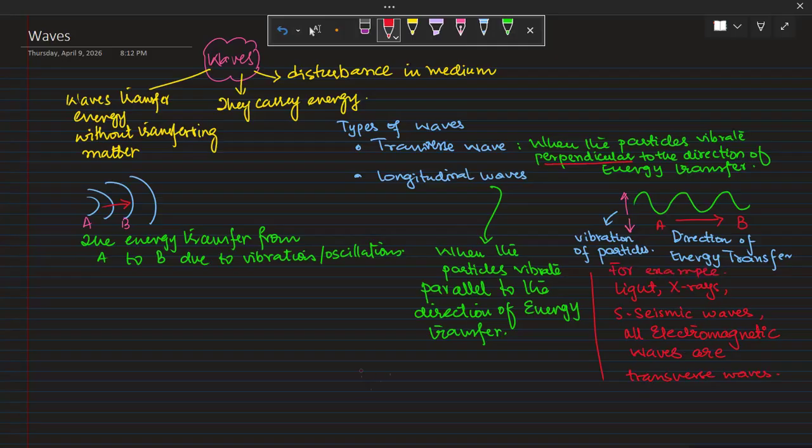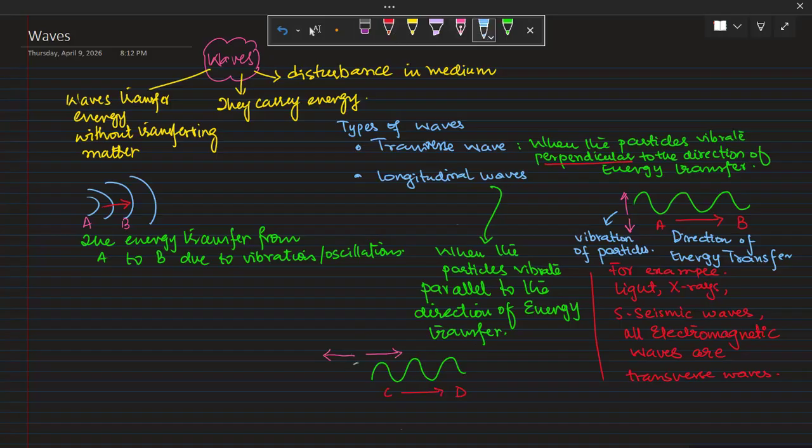And when we talk about longitudinal waves, first of all, we should understand the direction of the vibration of the particles. They are going to be parallel to the direction of energy transfer, right? For example, if the energy goes from this point C to D, what are you observing?